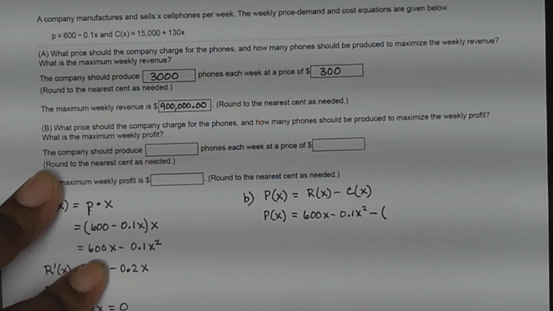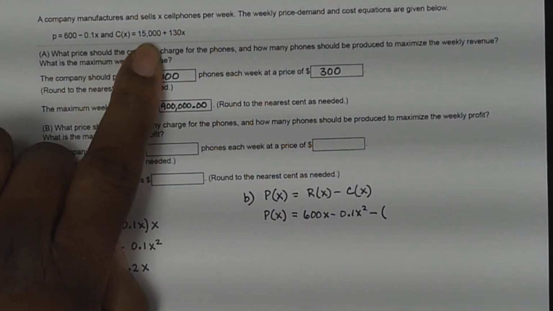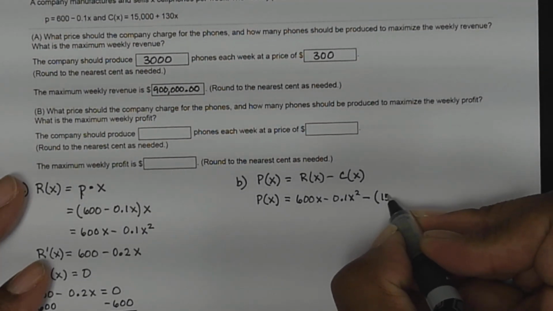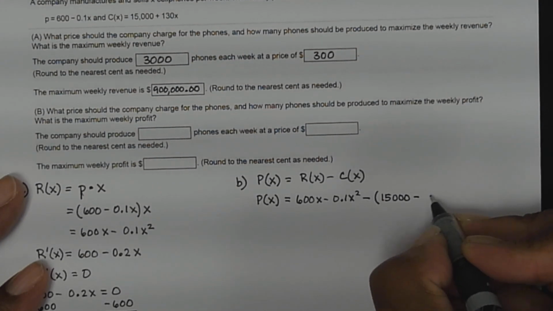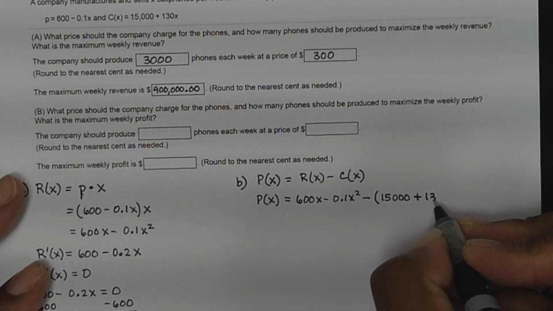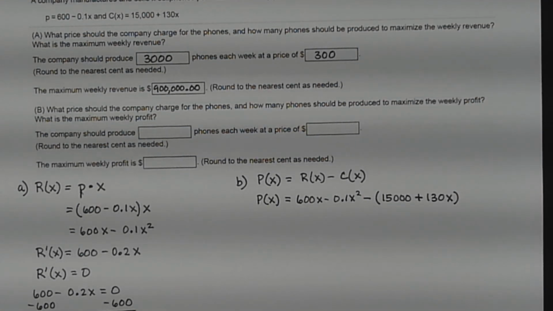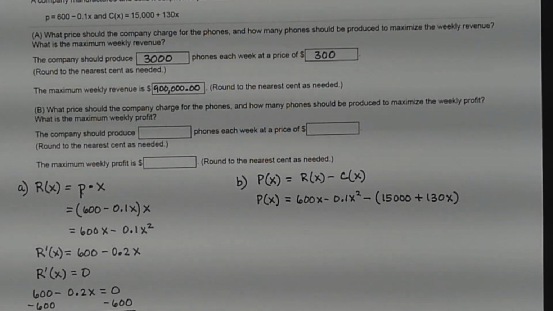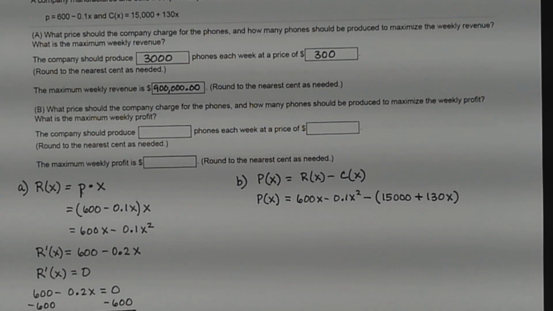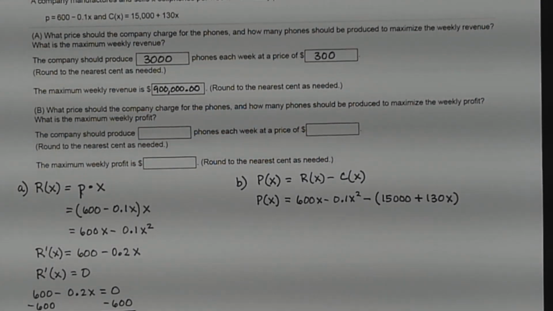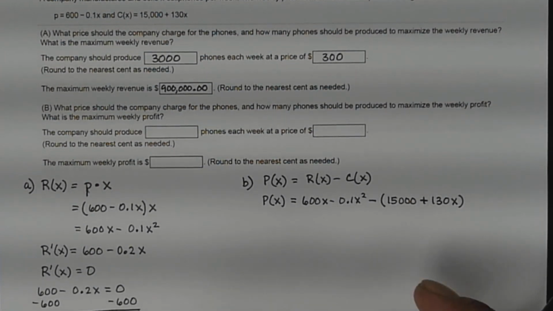And back up here, the cost function C of X is 15,000 plus 130X. Okay? And notice I put that 15,000 plus 130X in parentheses because I'm subtracting the whole cost function from the revenue.